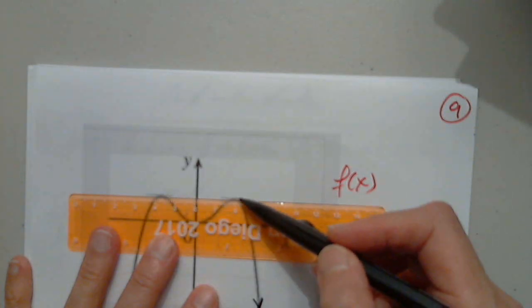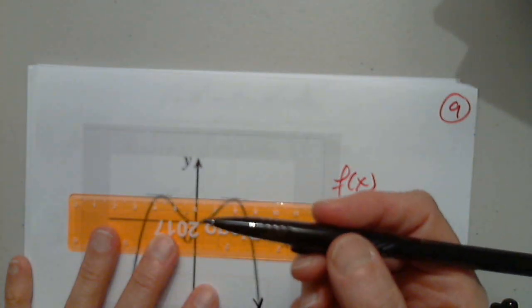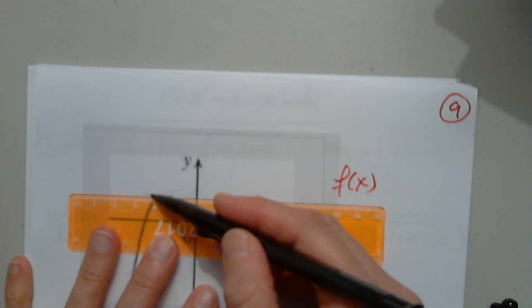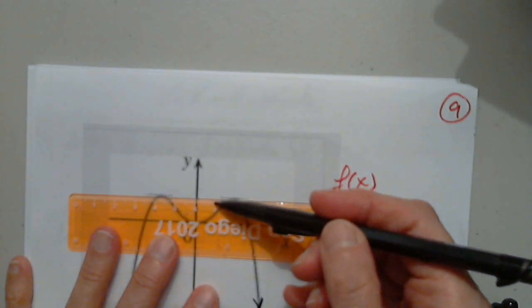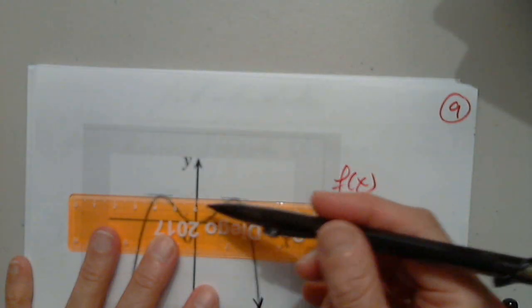So at this point, the derivative will be 0. Why will it be 0? Because the tangent is horizontal. The line is horizontal, so the slope is 0.